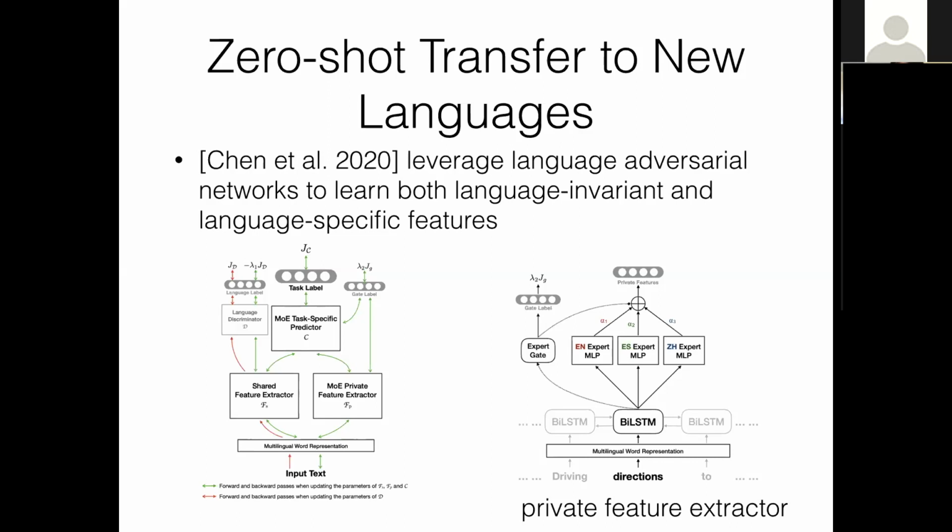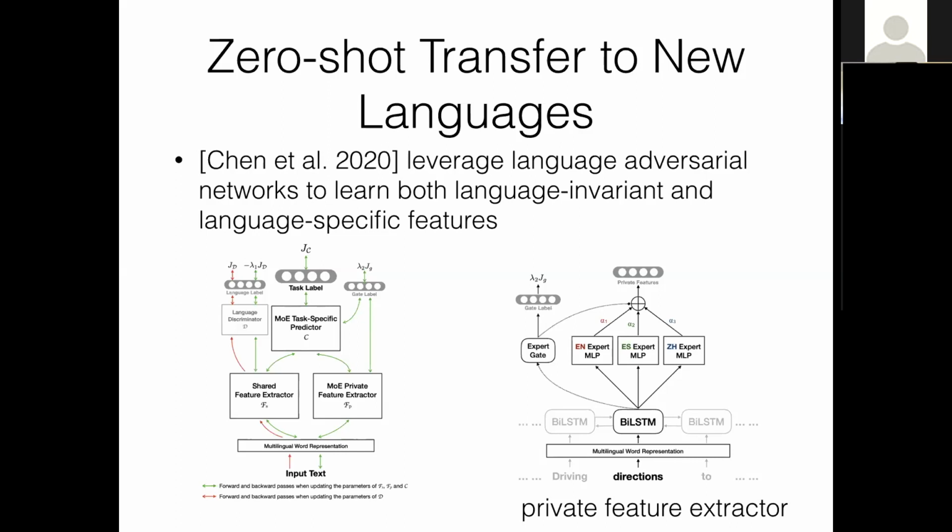So for a given target language, say German, the trained expert gate will find the optimal weights for each of these experts. For German, since it's most similar to English, alpha 1 will probably be 0.7, which means that German is learning more from the English expert as compared to the Chinese expert. So this model tries to combine both language-invariant and language-specific features in the same architecture.